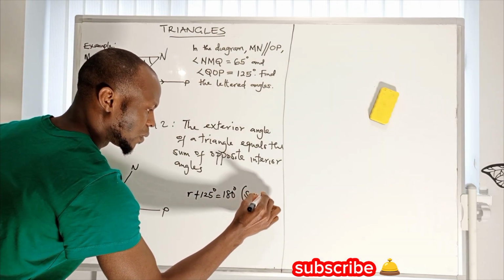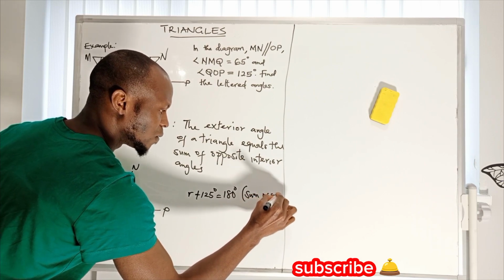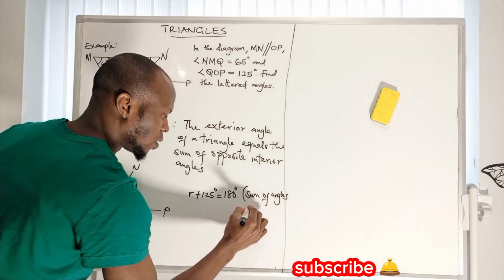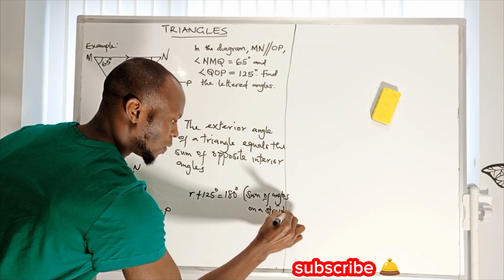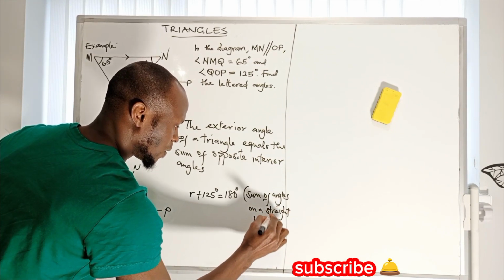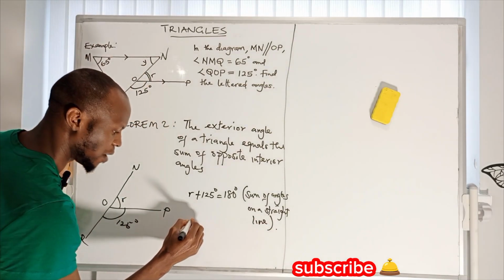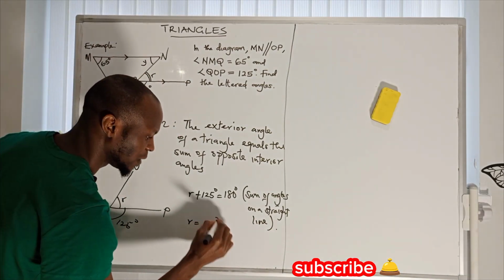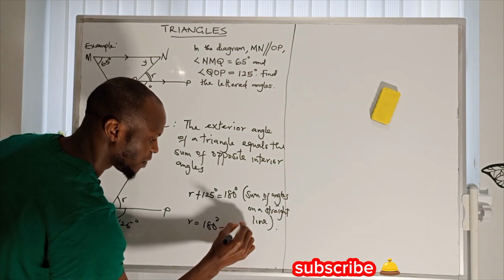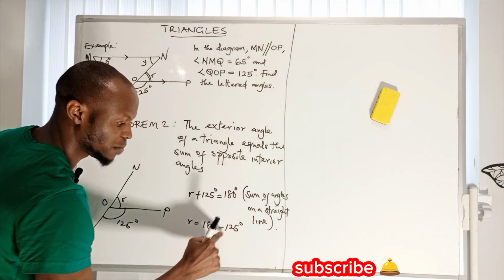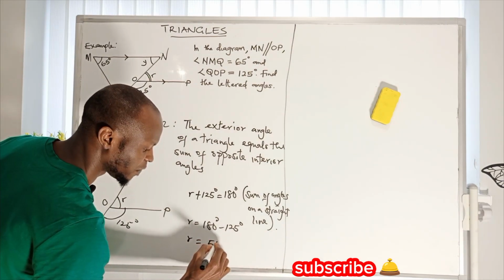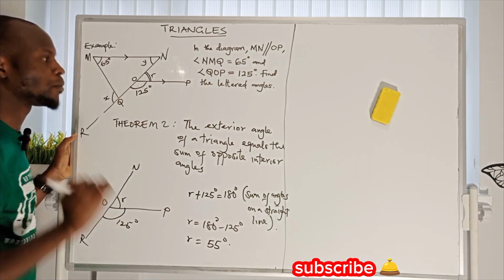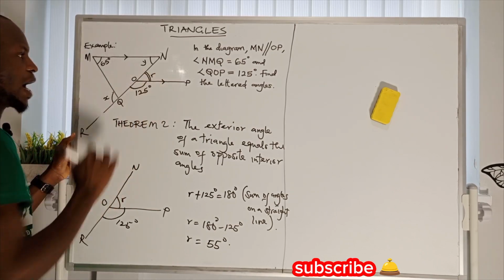Sum of angles on a straight line. So my R equals 180 degrees minus 125 degrees. If I bring 125 to this side, it becomes minus. So my R equals 55 degrees. Simple. So I have gotten my R.